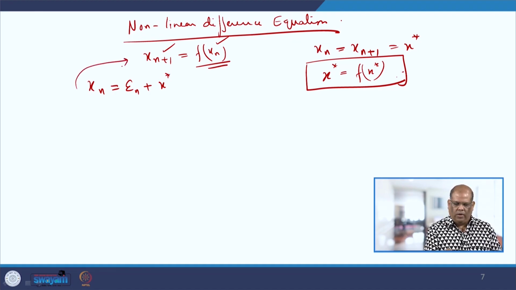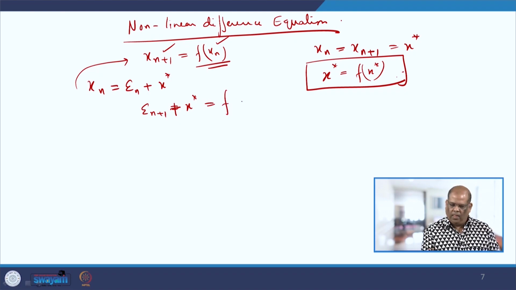So, you substitute it here and you get epsilon n plus 1 plus x star equal to f of x star plus epsilon n.